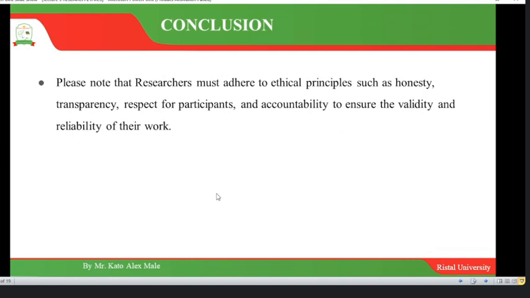We have come to an end of this lecture for today. And in conclusion, please note that researchers must adhere to ethical principles such as honesty, be honest, transparency, be transparent, respect your participants, and then accountability to ensure validity and reliability of their work.